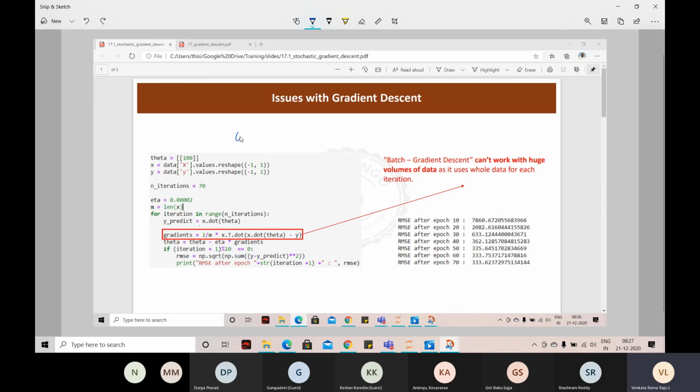So instead of doing theta transpose X, I am doing X theta. You know theta transpose X, right? What is theta transpose X? When your theta is like this, it gives you y cap, the predicted y value. And your X is like this.